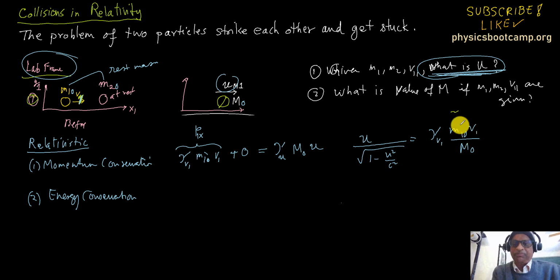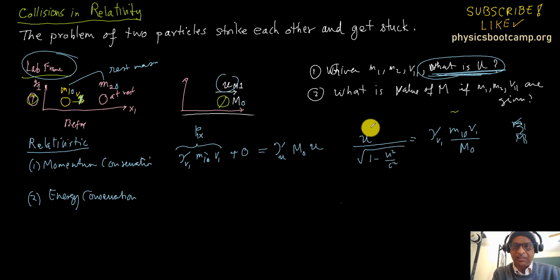We could have further simplified the notation so that all the m's are rest masses. If you like a much simpler notation, you can say m1 is the rest mass, m is the rest mass, but I want to just put 0 there, so it's not fully simplified yet. I want to solve for u.